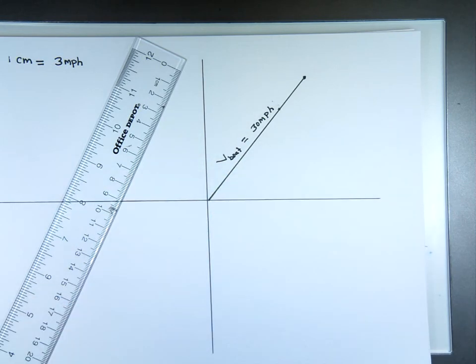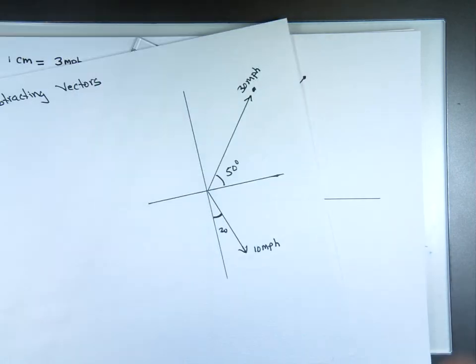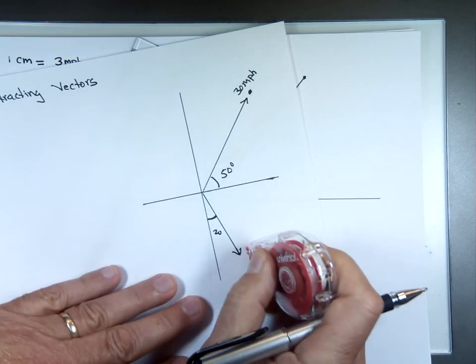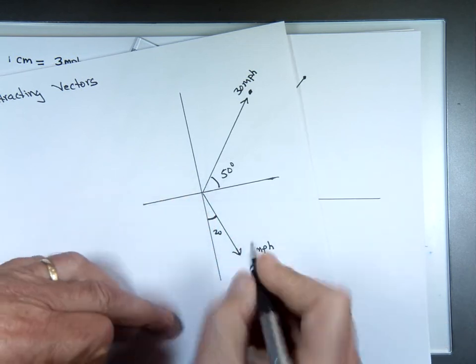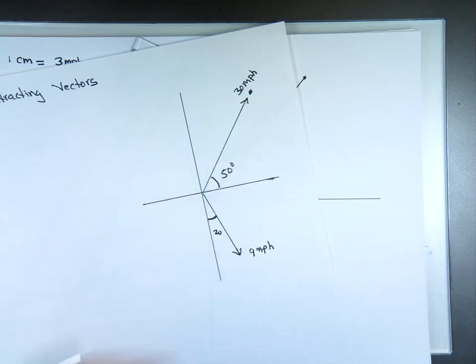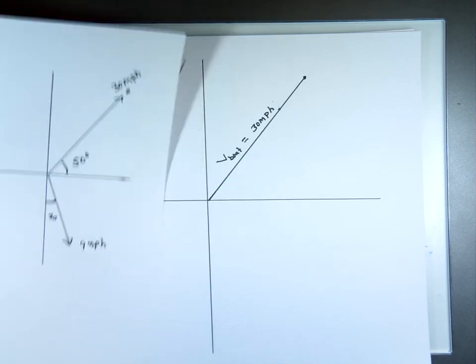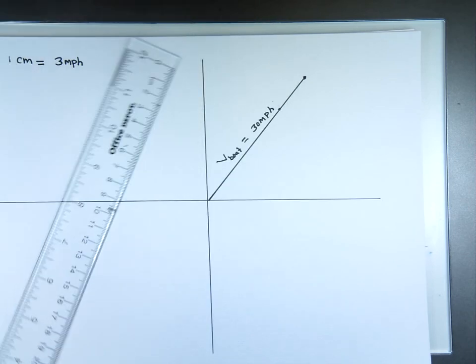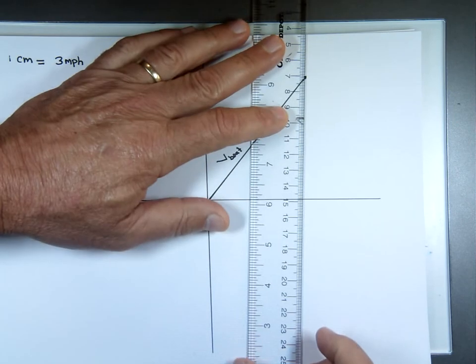Now let's look at the current, or the wind, whatever you want to use. Instead of 10, let's use 9, just because it's divisible by 3. You know, I have to use the same scale for both of them. I can't use 2 different scales. So now what I'm going to do is put another set of axes here.